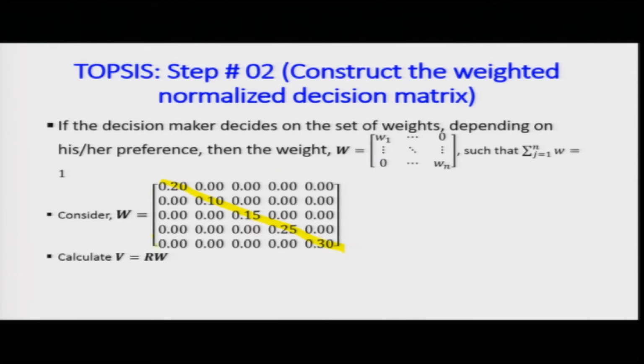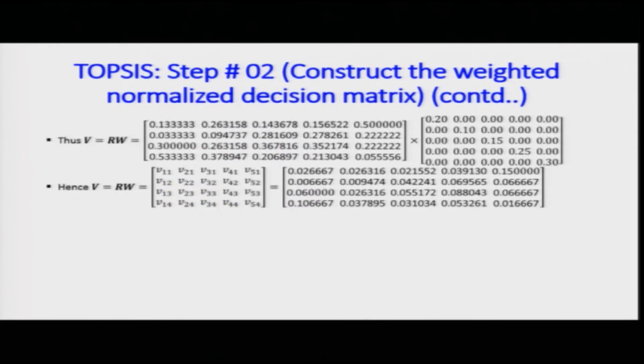Now see here, this matrix is of size 5 cross 5, which is n cross n, which corresponds to the number of criteria which you have, nothing to do with the m value, which is the number of alternatives. Now, I multiply the value of R into W, that means I am trying to bring a parity or a normalized scale for each and every criteria along with the concept of the alternatives.